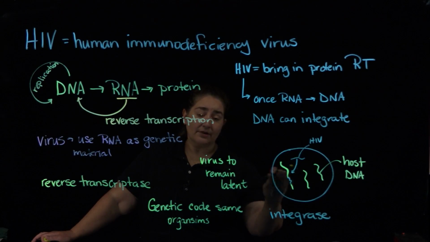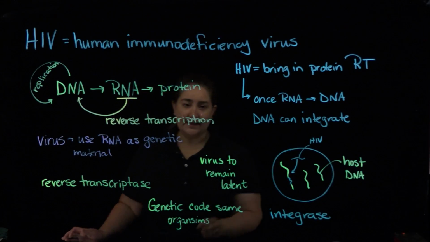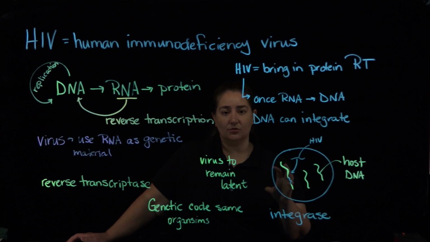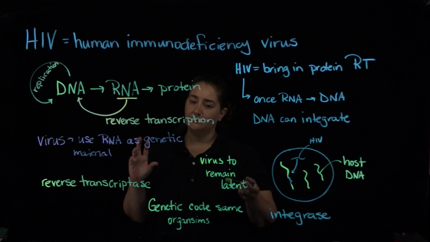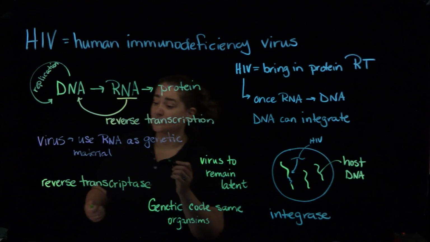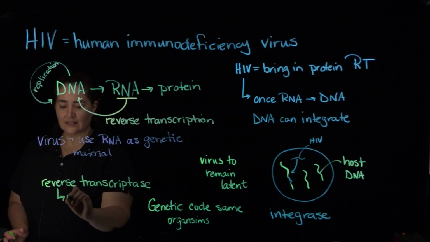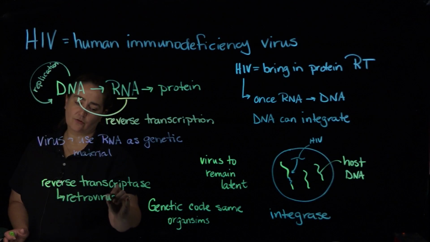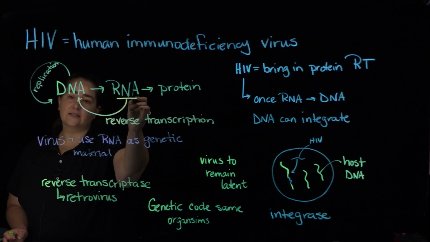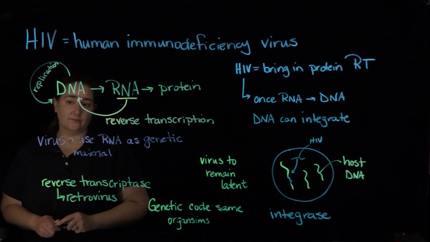That's what allows that virus to kind of take advantage, take hold, and end up integrating into the host genome, okay? So because the HIV virus has that reverse transcriptase, it's referred to as a retrovirus because it's going opposite to our normal flow of genetic information, all right?